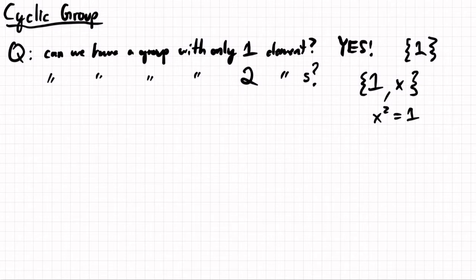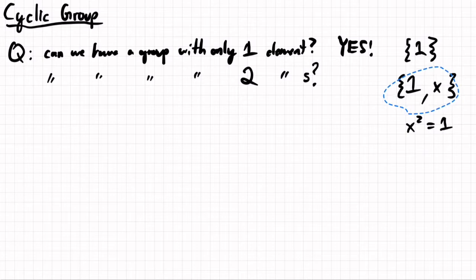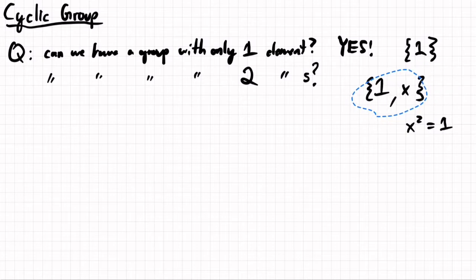With real numbers, we can have powers that are fractions or decimals. Here, the only things we can have are repeated multiplication. So if I have X squared plus 1, that is the consequence of having this group here with two elements.